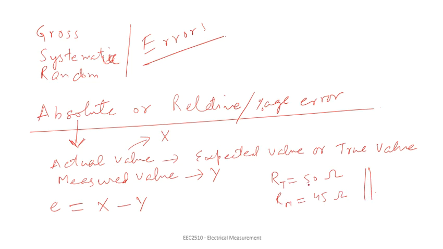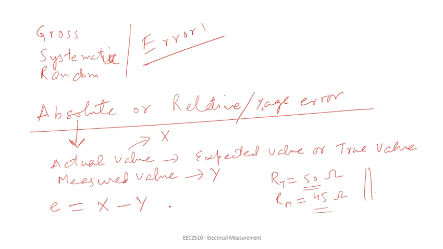So the difference between the actual, that is 50 ohm minus 45 ohm, is 5 ohm. So 5 ohm is the absolute error in this case. This is the meaning of the absolute error.